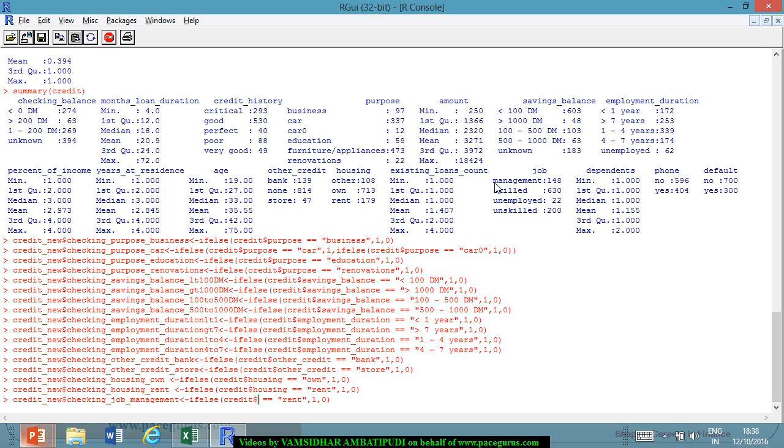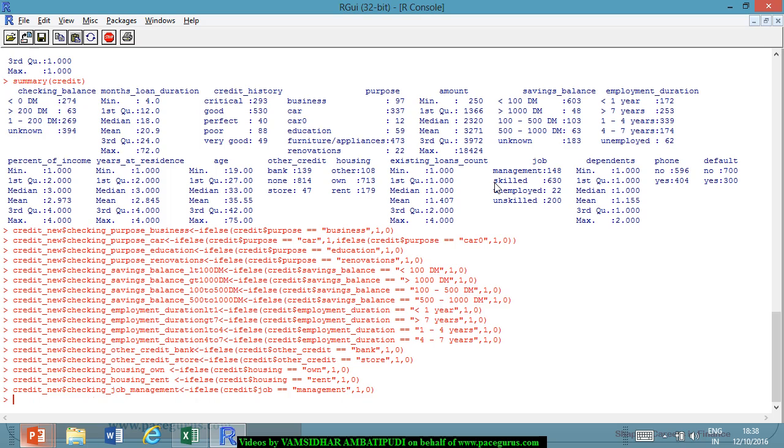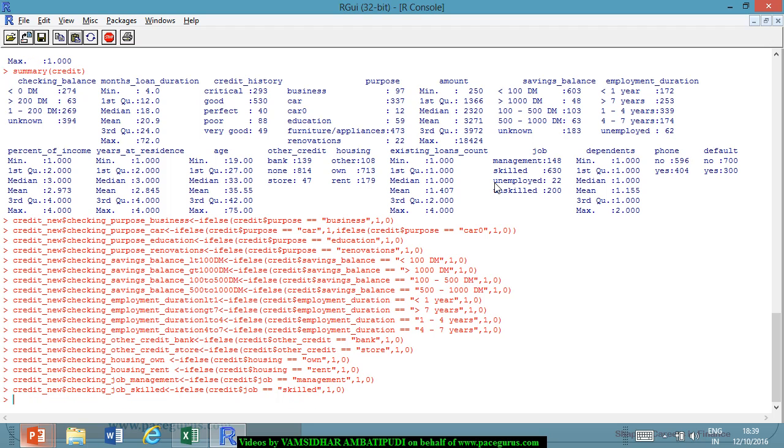The job is getting mapped to management. So this is the process that we are creating for the dummy variables. I will also add the skilled. So you can directly use this ready-made piece of code. You can skip this process.